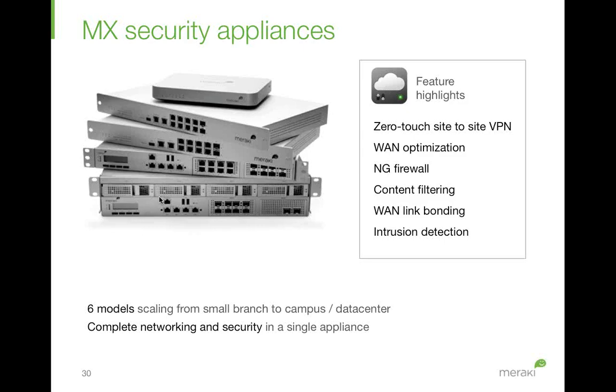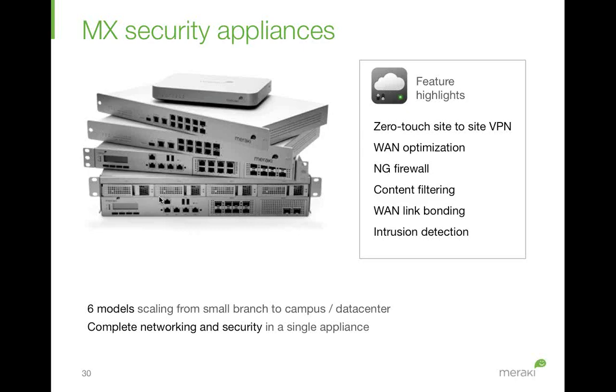We have 6 models of security appliances, so everything from a small branch office all the way to larger headquarters, so things on the order of 10,000 users. A whole bunch of features there that you can see on the right. The same layer 7 visibility, the same sort of device fingerprinting is available across all of our product line. So the switches, the access points, and the security appliances, and that's all built in.